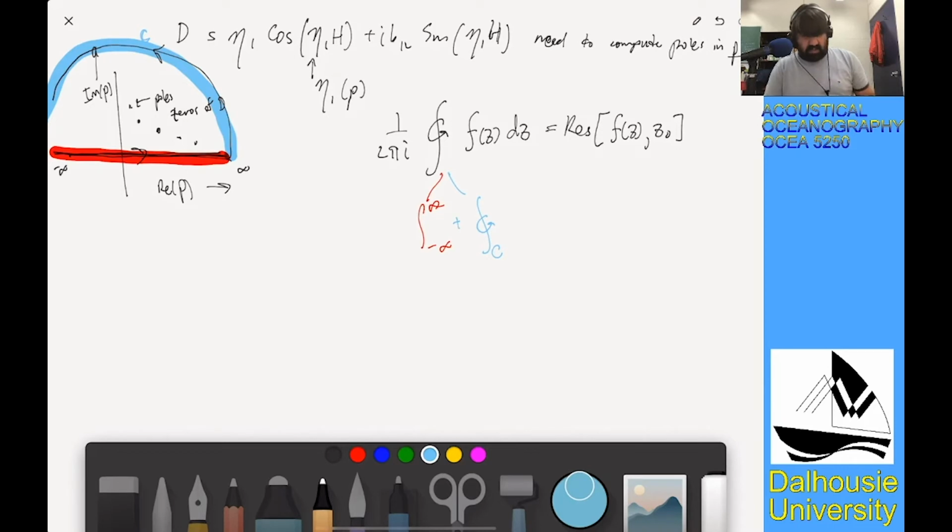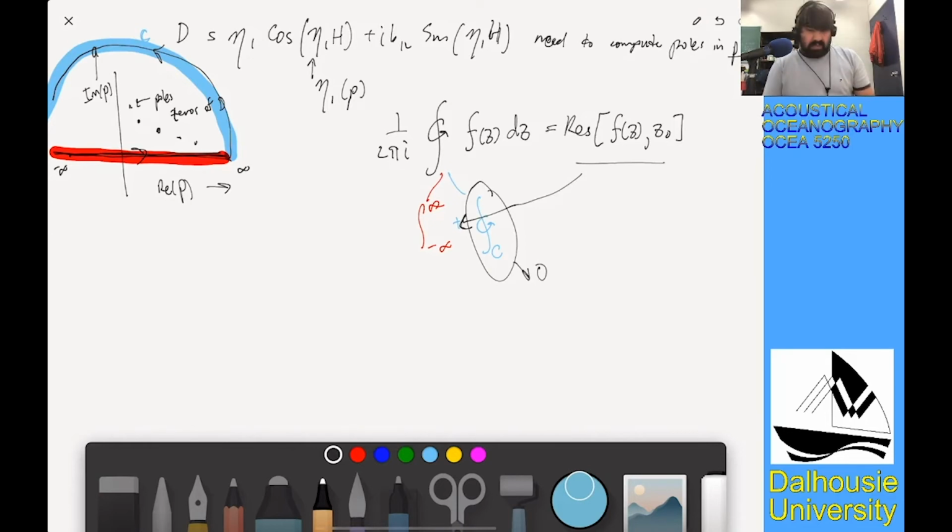And our goal here, what happens, is essentially this part goes to 0. And so then the residues are just equal to the original integral that you're trying to solve. Okay, that's the very hand-wavy roadmap of what we're trying to do here.